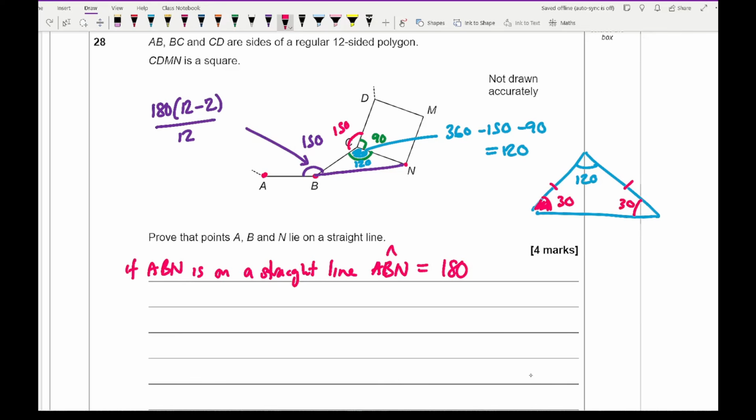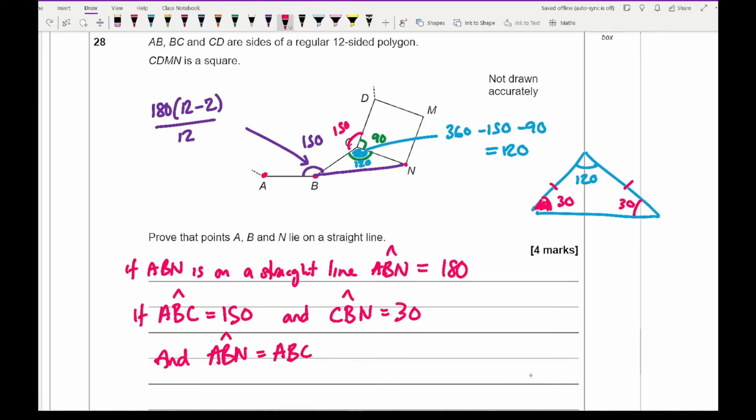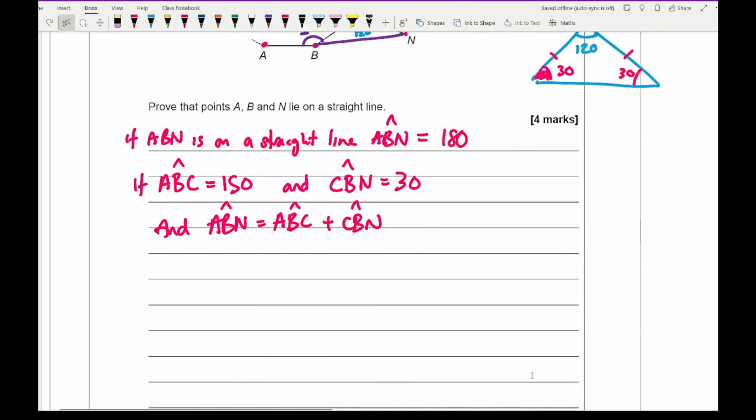So then if ABC is 150 degrees and CBN is 30 degrees, and ABN equals ABC plus CBN, then what we've got is 150 plus 30 equals 180 degrees.